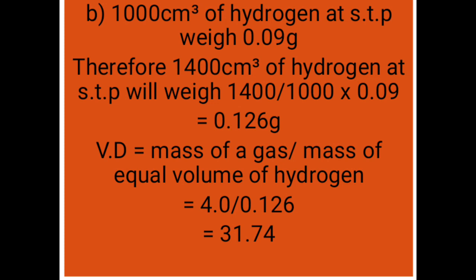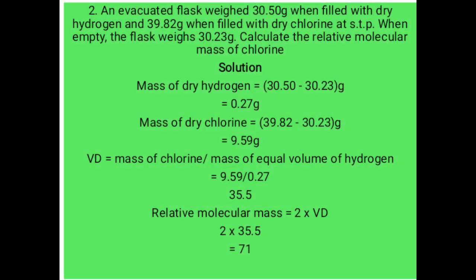The mass of the substance is the one given in the question, 4.0, over the mass of the hydrogen we have calculated, 0.126. If you punch your calculator, you have 31.74, no unit, because we are dealing with mass. Are you with me?